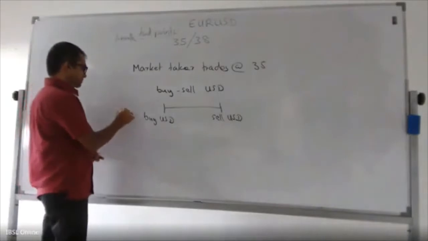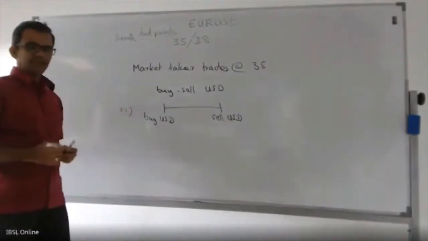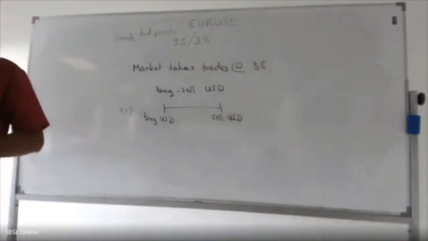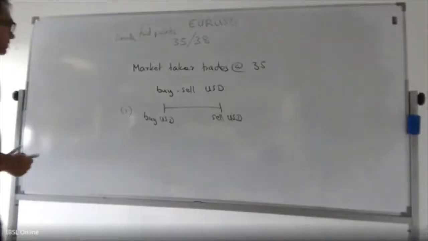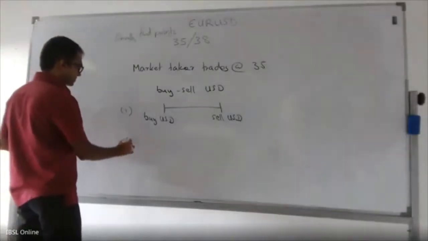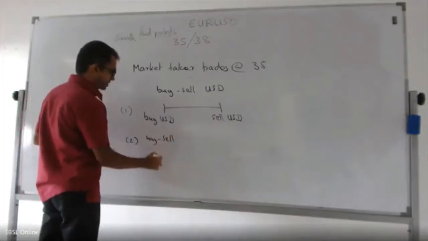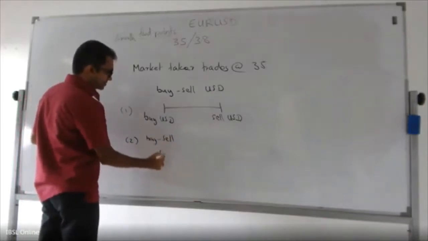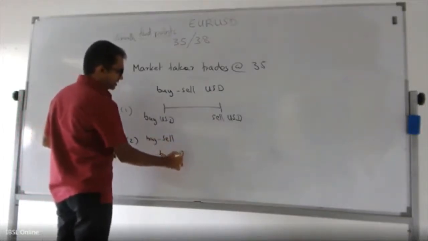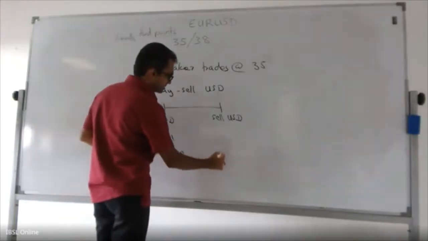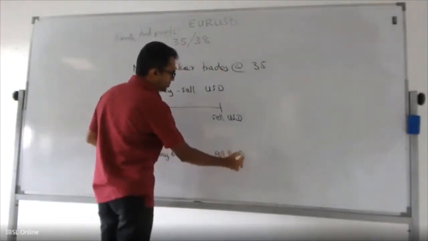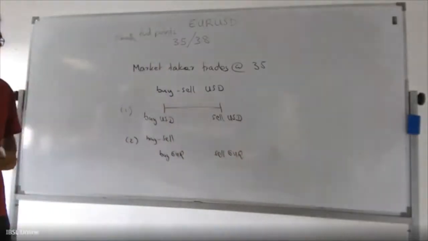This is the first answer. Any other answers? Buy sell euro. That means buy euro in the near leg and sell euro in the far leg. Anything else?